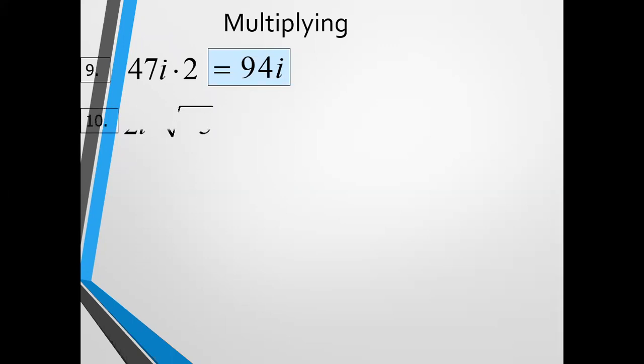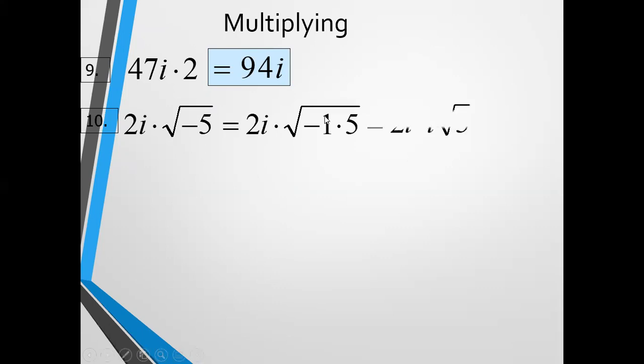So the next one is this. We want to solve this. How do we solve this now? We have 2i, and we have root of minus 5. So we are going to break it down into root of minus 1 times root 5. And we know that root of minus 1 is i.